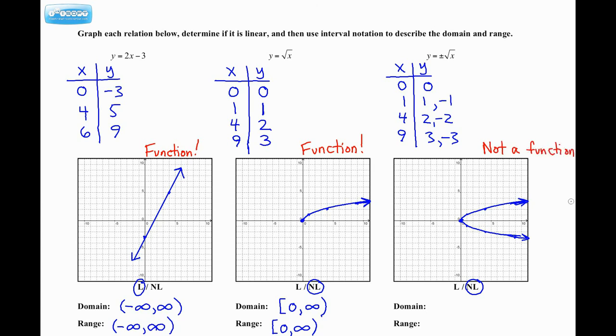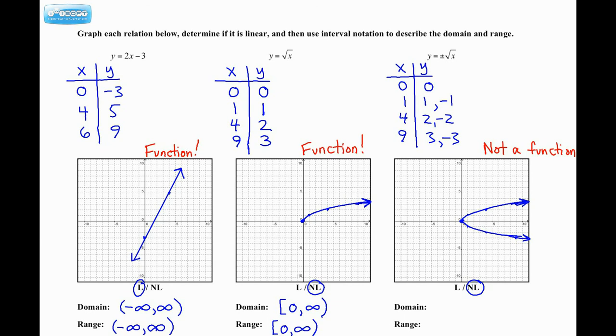Looking at the domain, horizontally, the graph goes as far left as 0 and as far right as positive infinity. So it's the same as the previous one, with a round bracket at infinity.